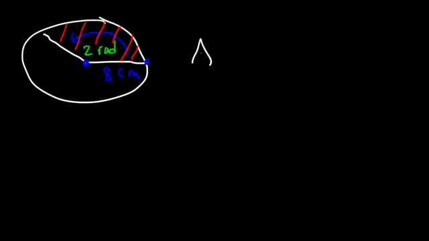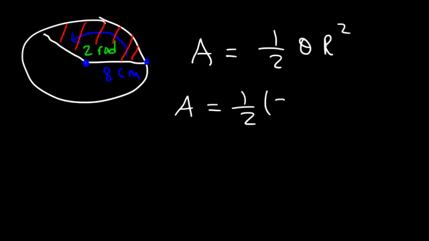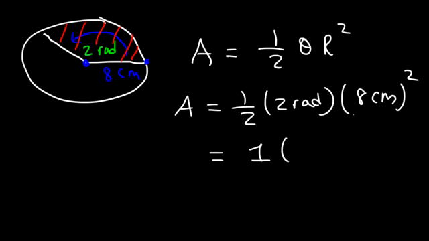So in this case, we want to use this equation: area is equal to 1/2 theta r squared, because the angle is in radians. So the angle is 2 radians, and r is 8 centimeters. So 1/2 times 2 is 1, and 8 squared is 64. So the area is 64 square centimeters.